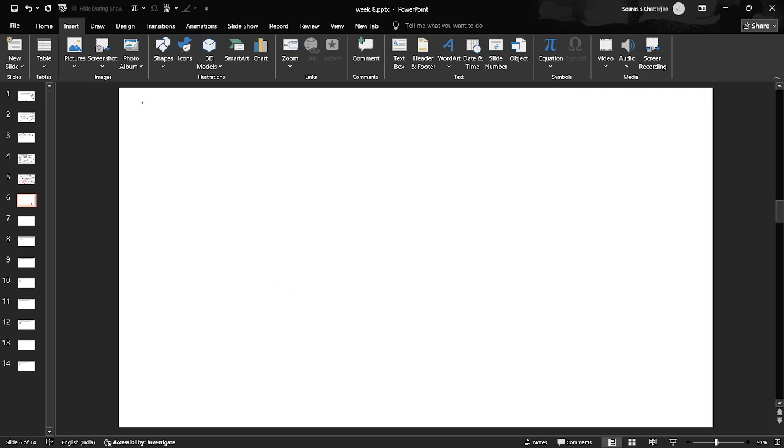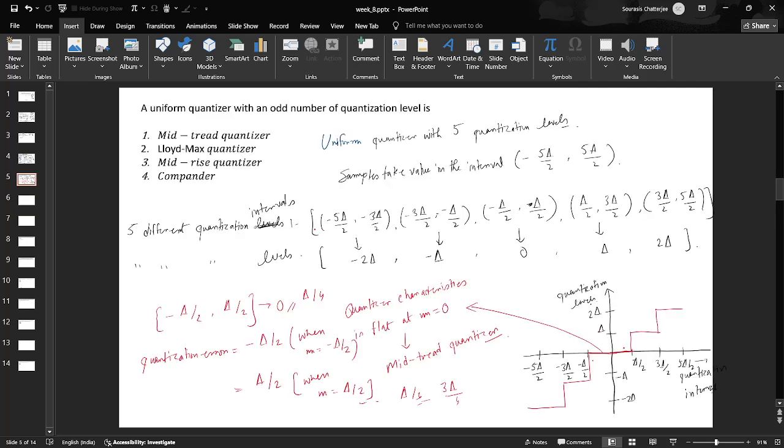This delta here, I am calling it the step size. That name is kind of trivial, because you can see that this interval is mapping itself to the value delta, and the next interval is mapped to 2 delta. So this is what I am calling the step size. You can see that the step size can be low or high based on your choice.